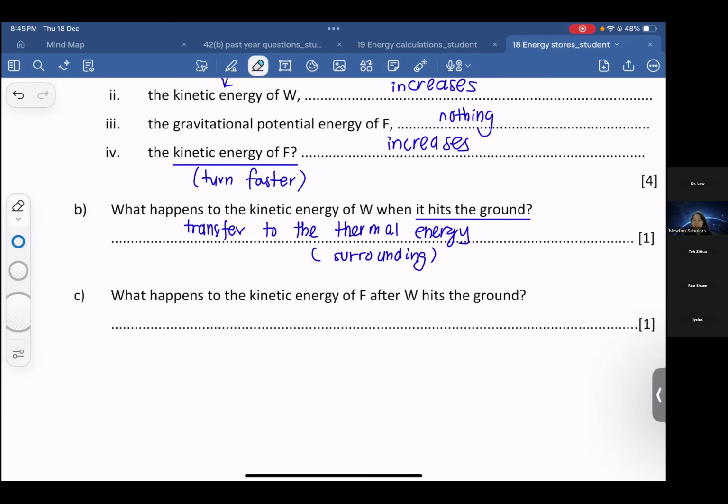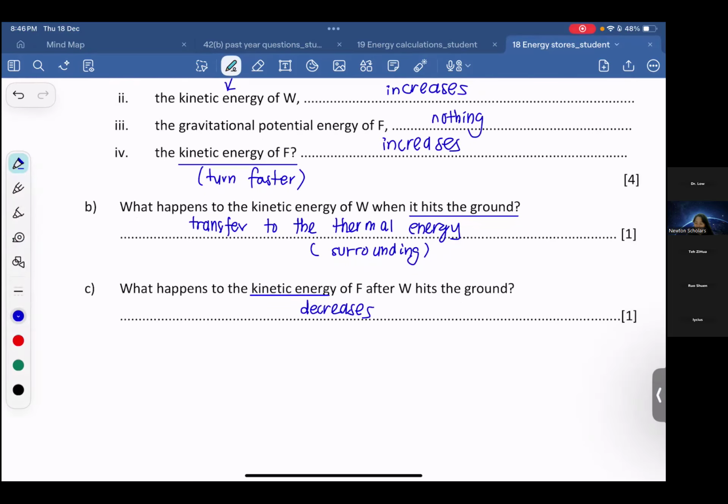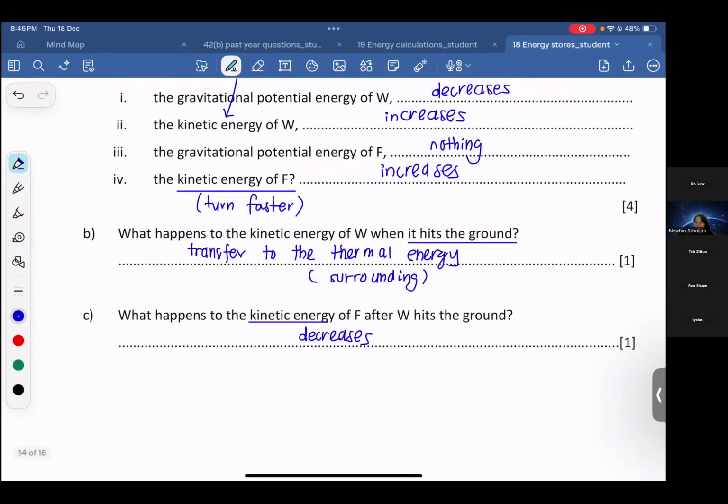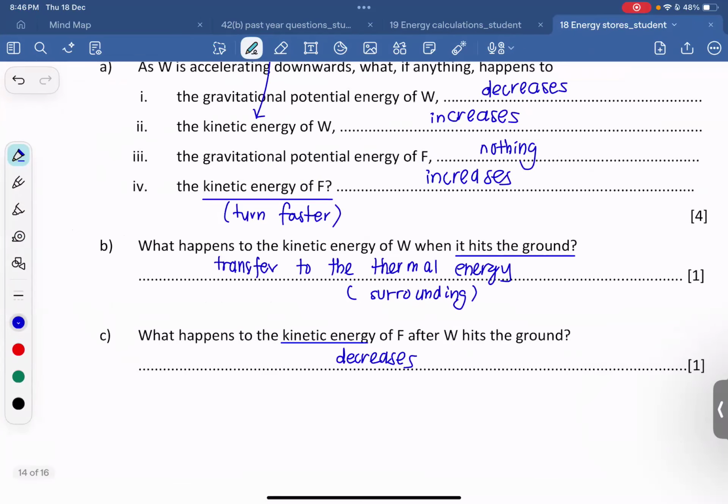Crystal correct. Y10 correct. What happened to the kinetic energy? Decrease. It will turn with less speed, then at the end it stops rotating. Here they also accept the answer if you mention it becomes thermal energy. Okay, so we go to your page number 15.